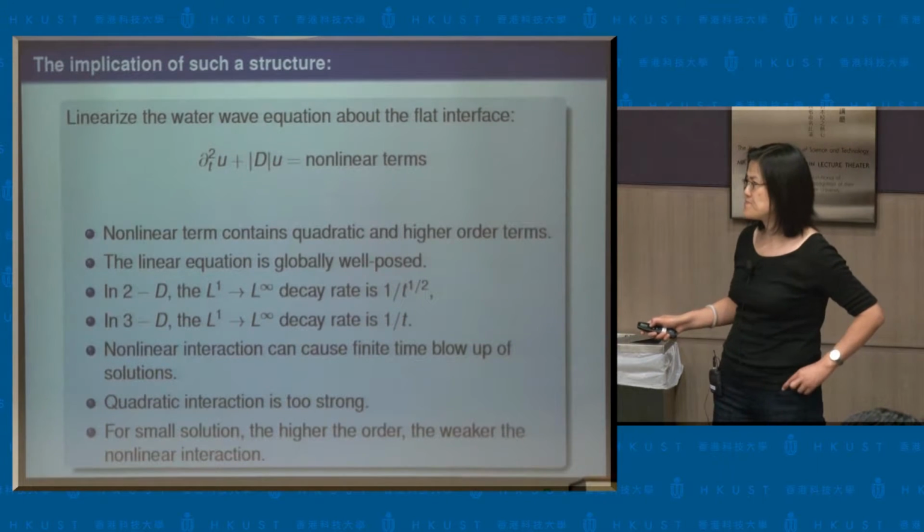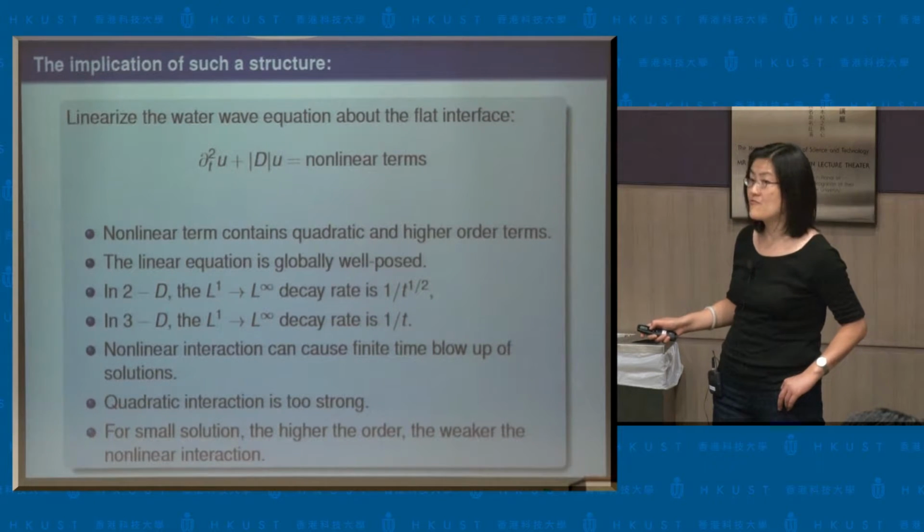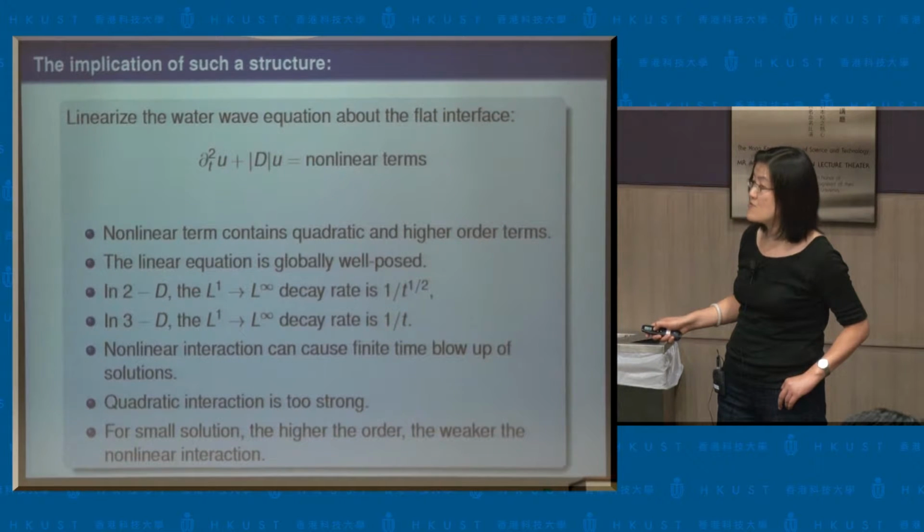We know that the linear equation has solutions for all time, right? So for a large class of initial data, the linear equation is globally well posed. And in 2D, this is a dispersive equation, and we know in 2D the linear part's solution decays with rate 1 over square root t.